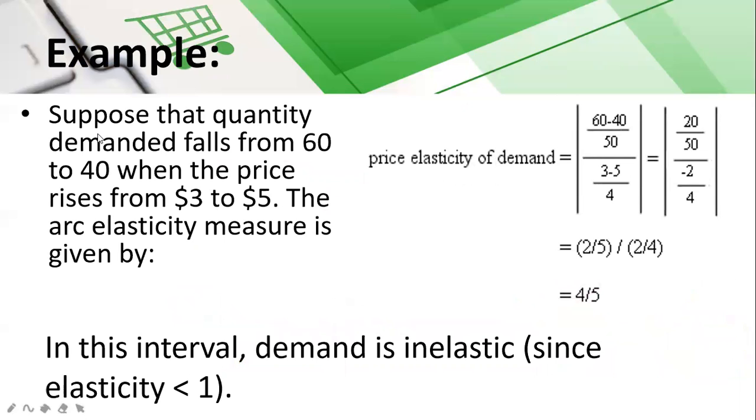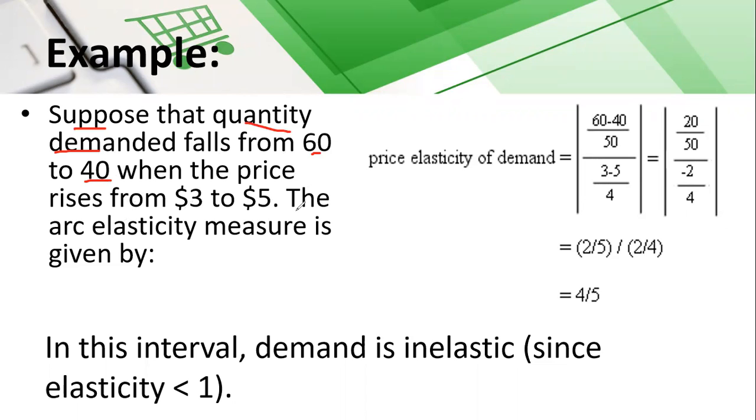Suppose, guys, that quantity demanded falls from 60 to 40. So the first quantity demanded is 60, then it decreased to 40. We also have the price rising from $3 to $5. So maybe their demand decreased because the price went up.